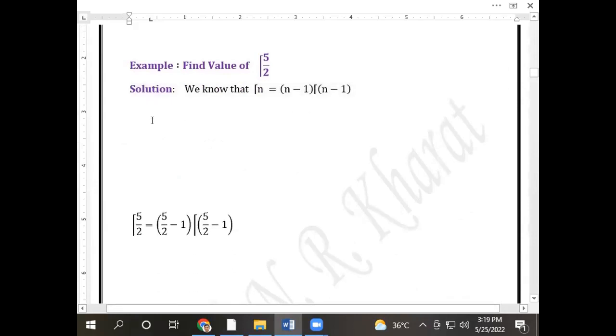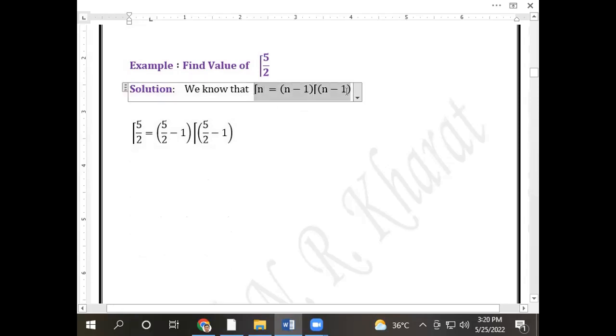Here the value of n is 5 by 2. So gamma of 5 by 2 can be expressed by replacing n with 5 upon 2 in this formula. We get gamma of 5 by 2 is equal to 5 by 2 minus 1 times gamma of 5 by 2 minus 1. After subtracting 1 from 5 by 2, we get gamma of 5 by 2 is equal to 3 by 2 gamma of 3 by 2.